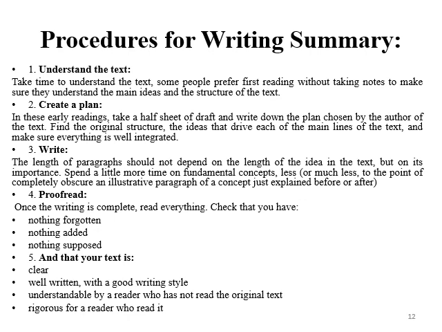The next thing is to create a plan. In this early reading, take a half sheet of draft paper and write down the plan chosen by the author of the text. Try to get the original structure, the ideas that drive each of the main lines of the text, and make sure everything is well integrated.